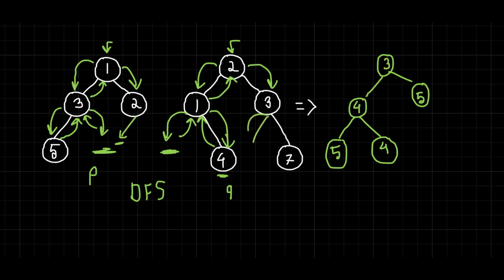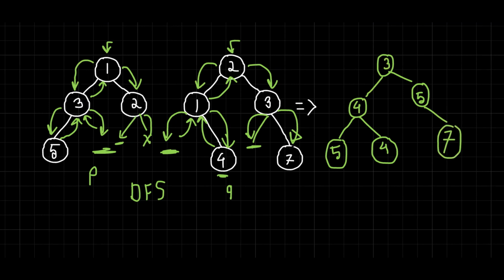And from 3 we have to go to the left part, and it does not have any left part. So we don't have to append anything into the left part of the 5. Now from 2 we will go to the right part, but it does not have any right child. From 3 we will go to the right part, which is 7. So we have to add 7 here.